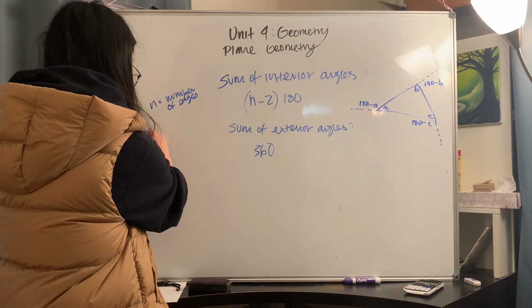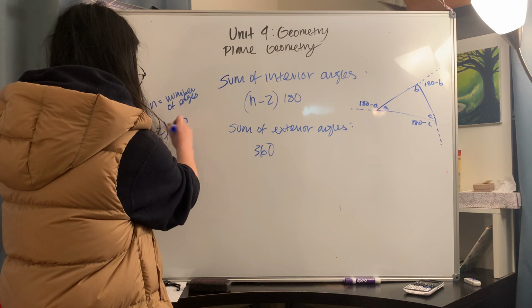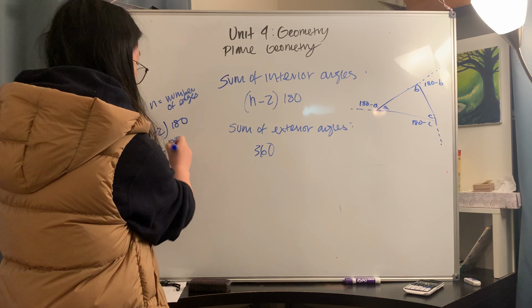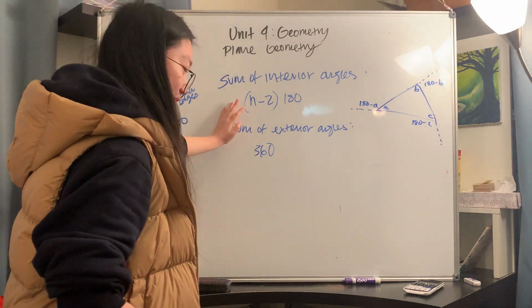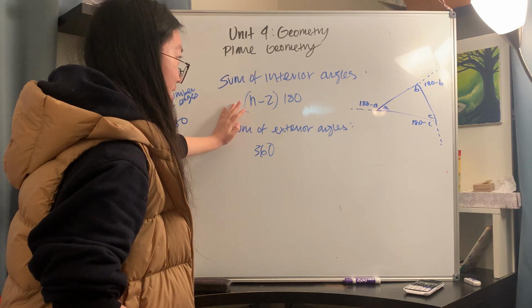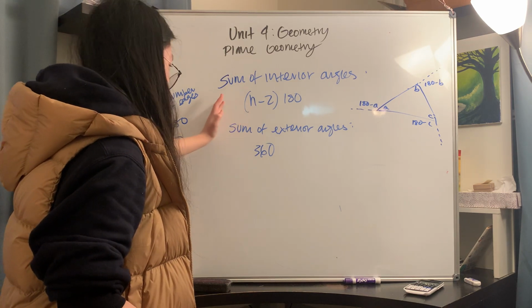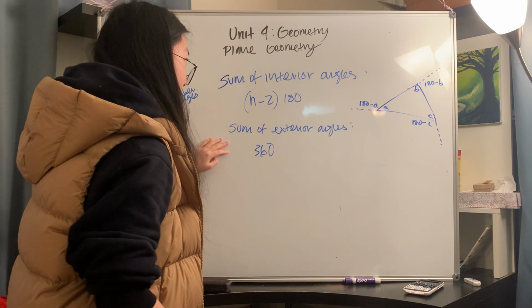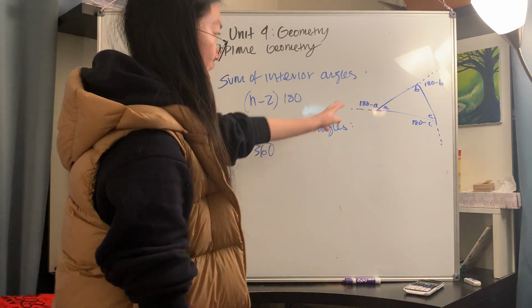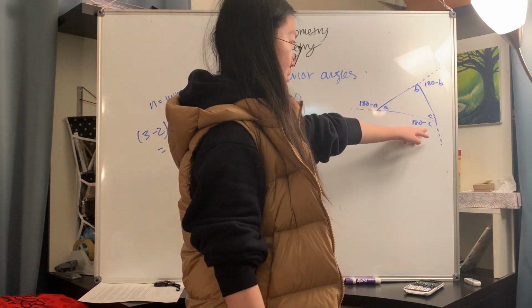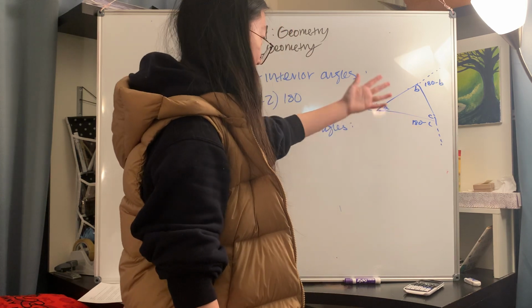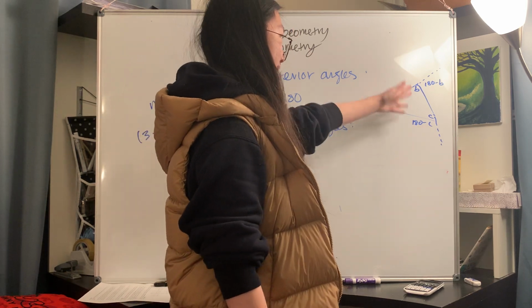So we have 3 minus 2 times 180, which is equal to 180, which fits what we proved previously, that all of the interior angles of a triangle add up to 180. I've also included the exterior angles in this. So we have 180 minus A, 180 minus B, 180 minus C. The values of these exterior angles are based off of the interior angles.